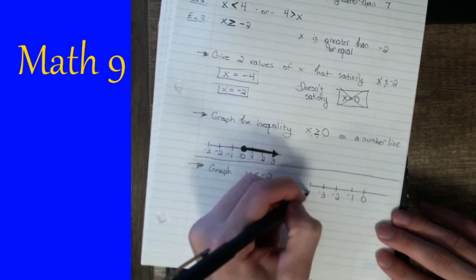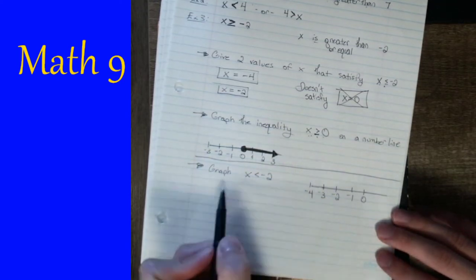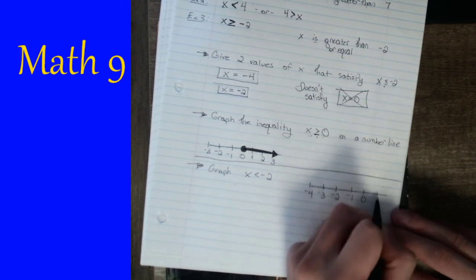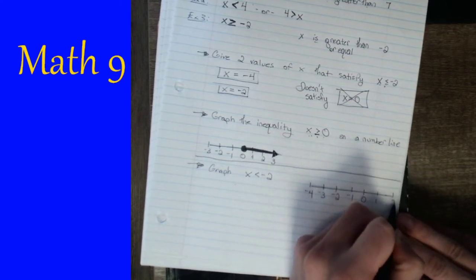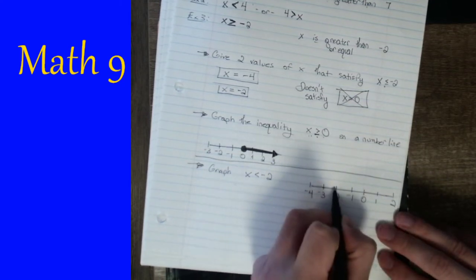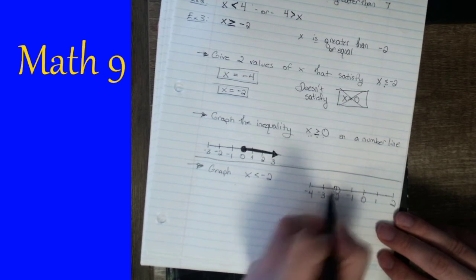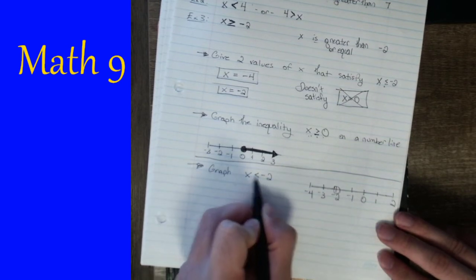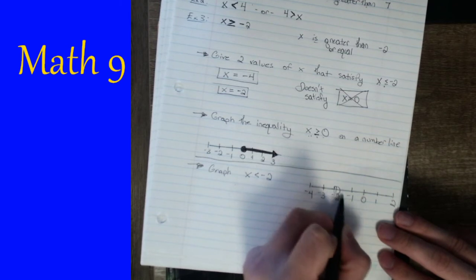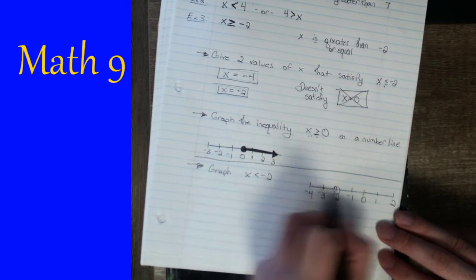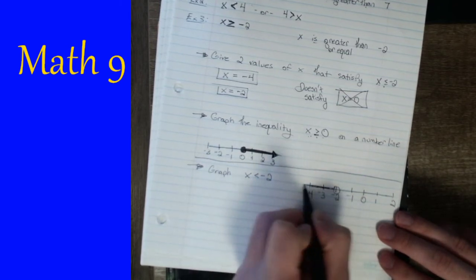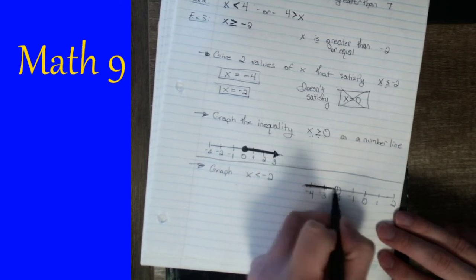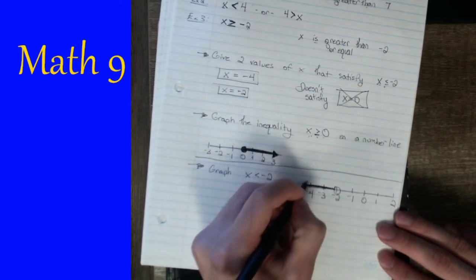For a number to be less than -2, it would be to the left of -2 on the number line. So draw a circle, and if it were less than or equal to, we would shade that circle. Since it's not, we leave the circle open and draw our arrow like so.